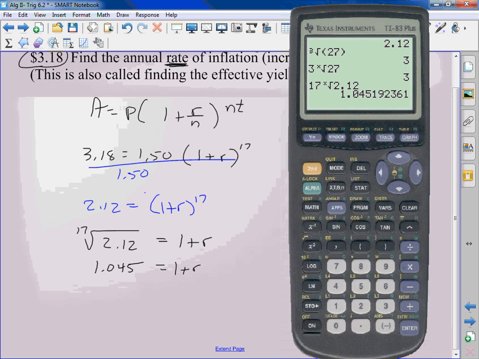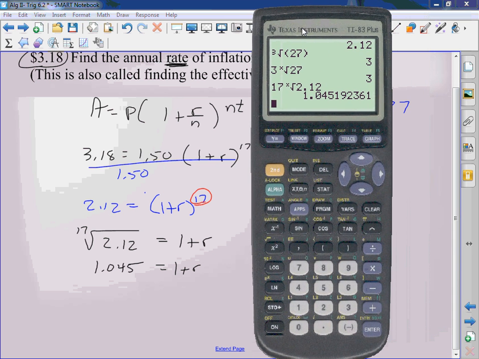Why did I use the 17th root? Because I need to get rid of the 17th power. Did you do 17 x radical 2.12? Math 5. You might have used the cube root.